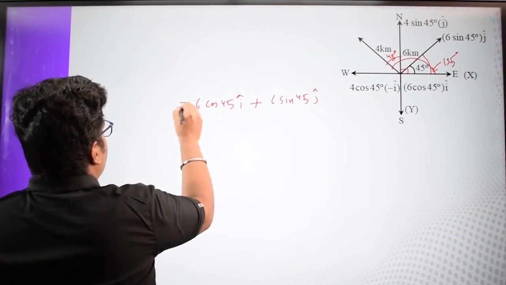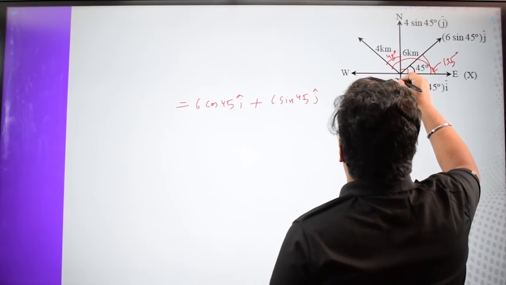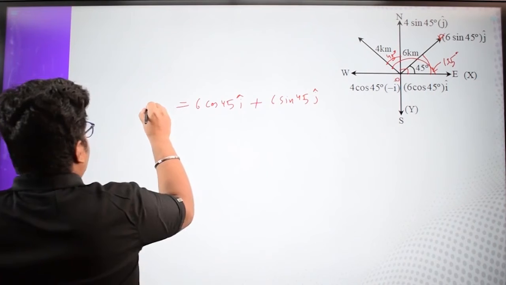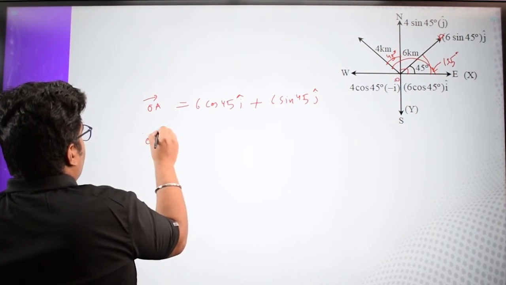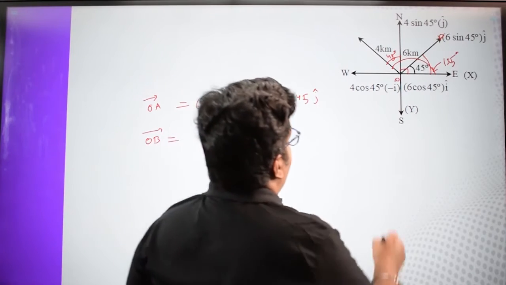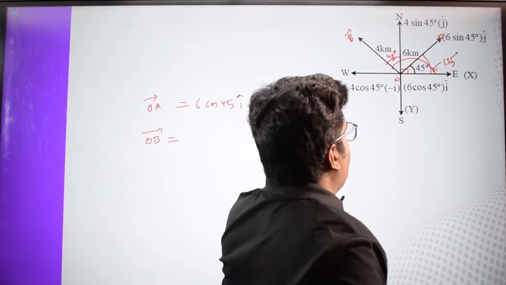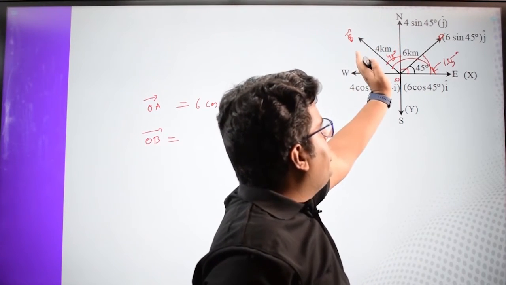So this is the vector which we can say, let's say we have named this as OA. So OA vector के components ले लिया along x-axis and y-axis. So OA vector हमारा ये आ रहा है, right? Now if we see OB vector, so OB vector, let's say this is OB, right? और OB vector के जो components होंगे along x-axis and along y-axis, so which has a 4 kilometer displacement.